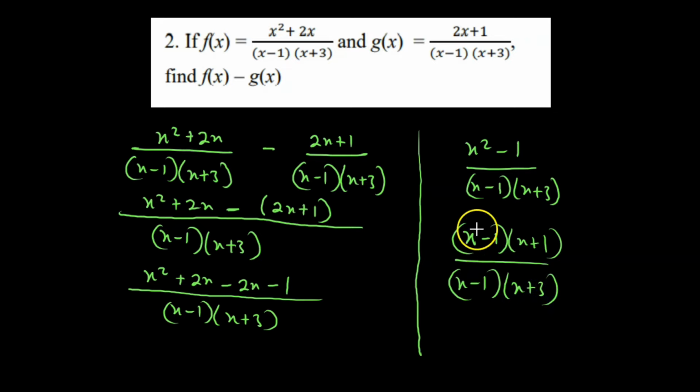So we do away with the common factors, which is x minus 1 for both numerator and denominator, and we are left with x plus 1 all on x plus 3. So that is how you subtract f of x and g of x, and you simplify it to obtain x plus 1 over x plus 3.